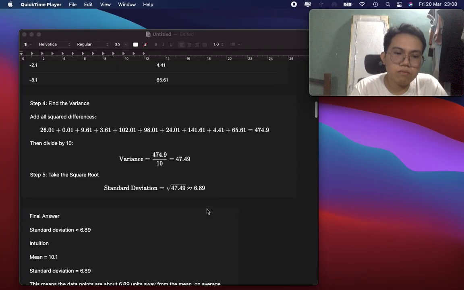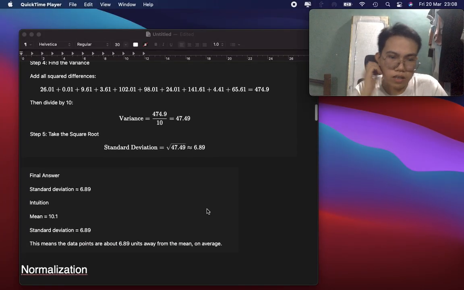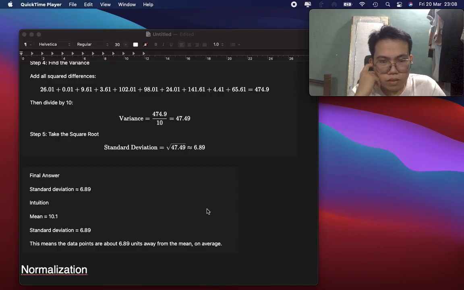So the standard deviation is 6.89, and the mean is 10.1. This means the typical value in the data set is 6.89 away from the mean, so the data points are about 6.89 units away from the mean on average.